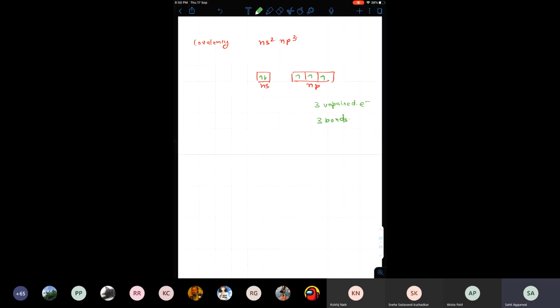ये तो सबके लिए हो गया. Now, if we talk about second period, and we talk about third period, in third period, there will be 3d subshell as well.